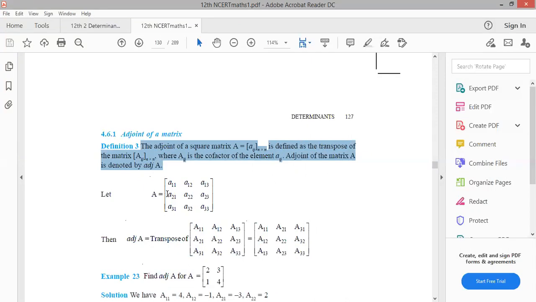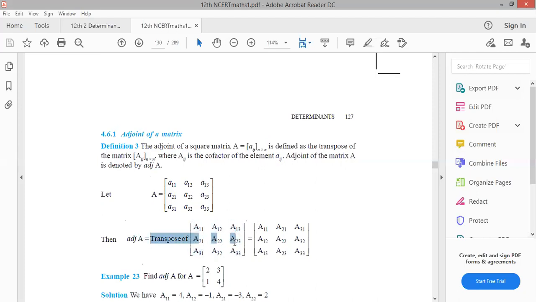We will first of all find the cofactors of every element. So we will list them here. Then we will take the transpose of the matrix of cofactors. After that, we obtain this transpose of the matrix of cofactors.